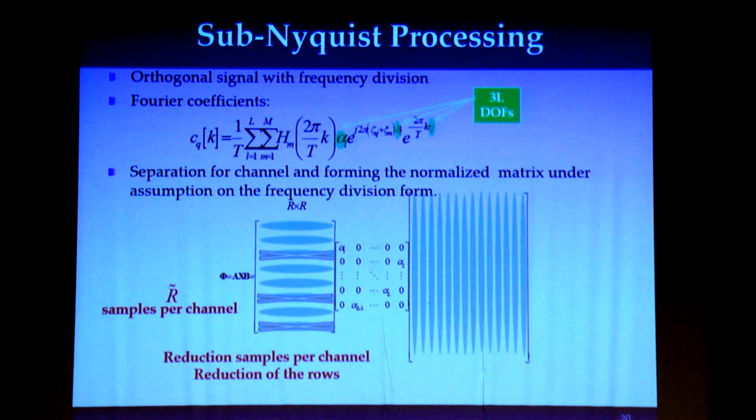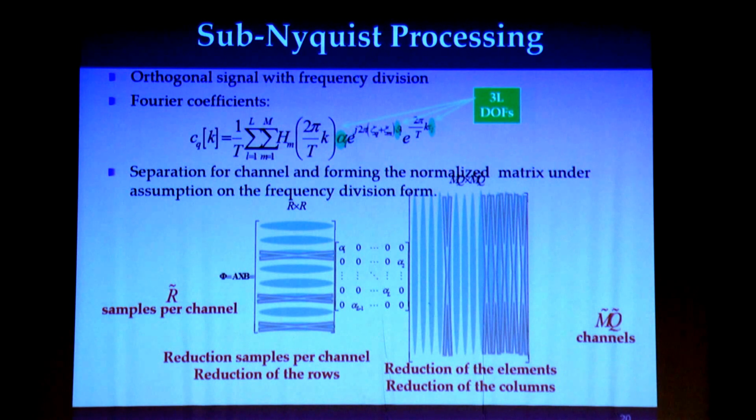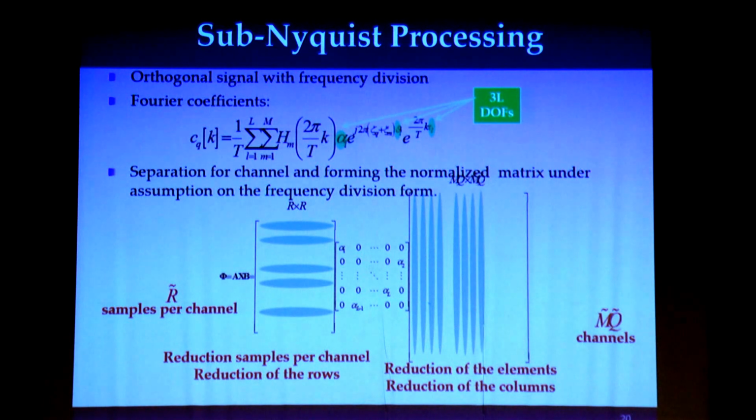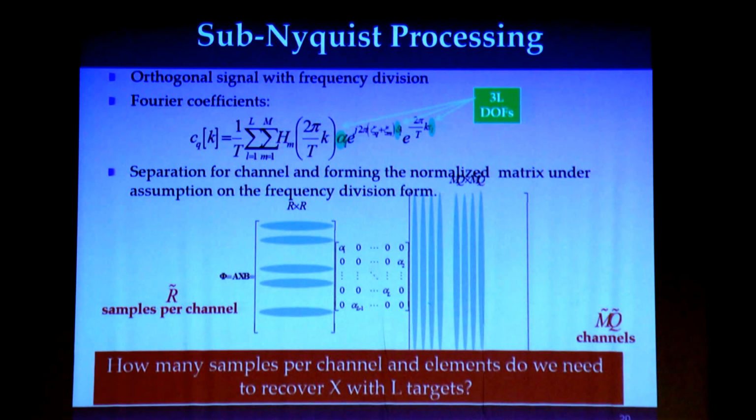So we take only several rows of this matrix, which denotes the samples that we actually take. And on the right side, we take only several columns, which means that we only take several antennas, several elements. So we reduce the number of antennas, and we keep the resolution. Now the question is, in order to recover, how many samples do we need, and how many channels, how many elements do we need?